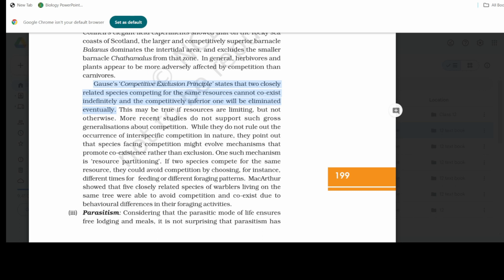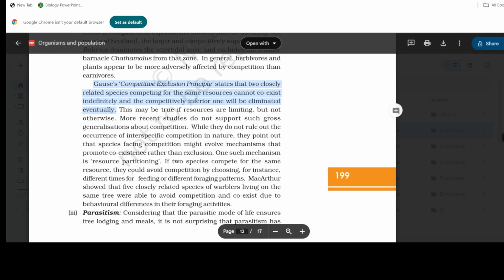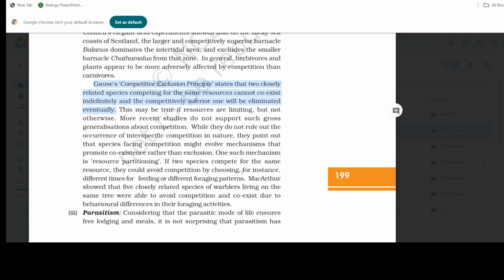That's what the recent studies teach us. One such mechanism is resource partitioning. If two species compete for the same resource, they could avoid competition by choosing different times or different foraging patterns, different feeding patterns, or hunting patterns.